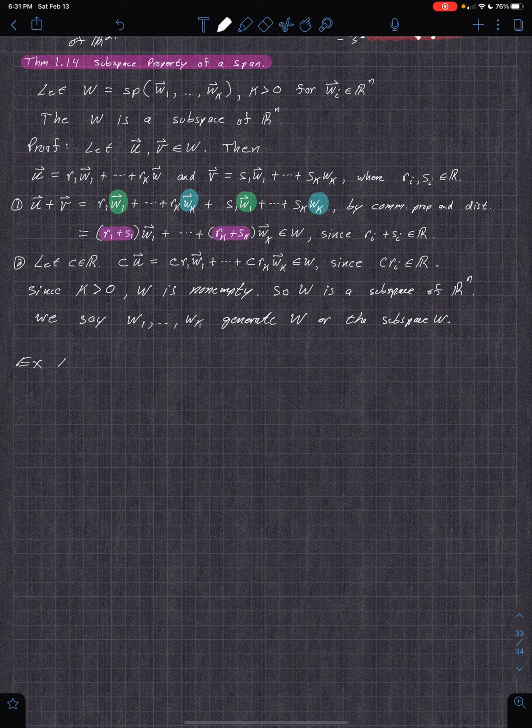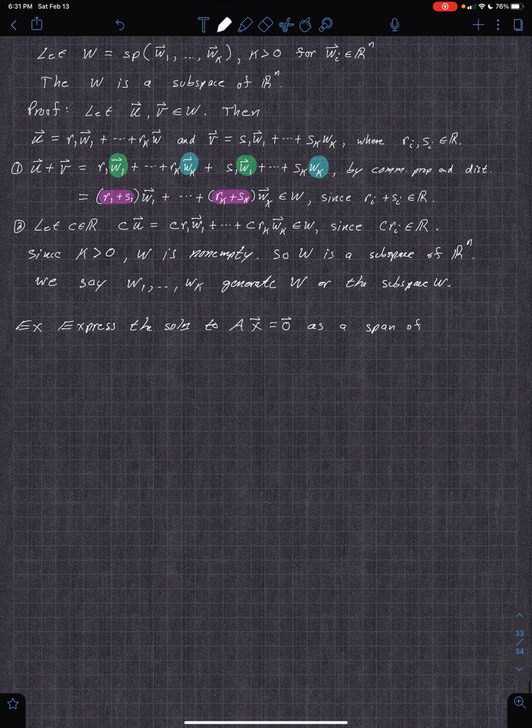All right, express the solution to AX equals 0 as a span of solutions. And then we're going to name that. That's actually called the null space or solution space. Okay, so let's just take a look at the example and we'll work it out.